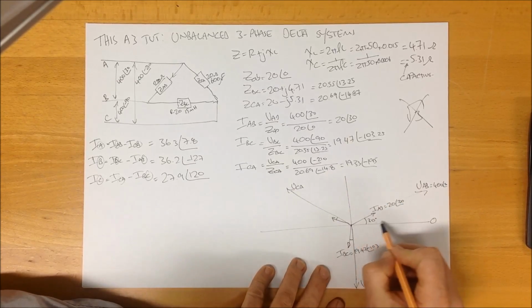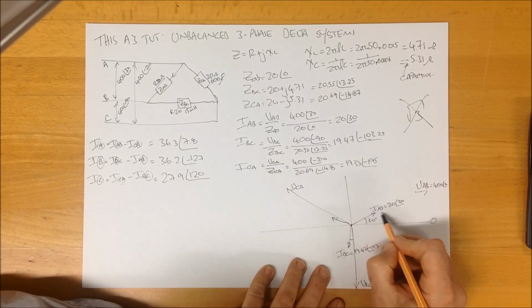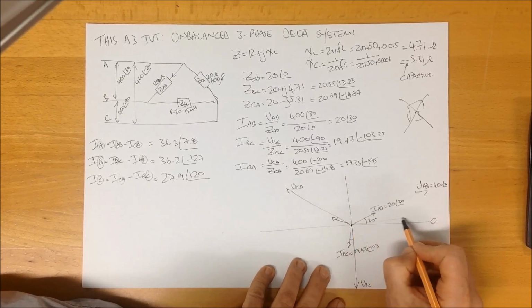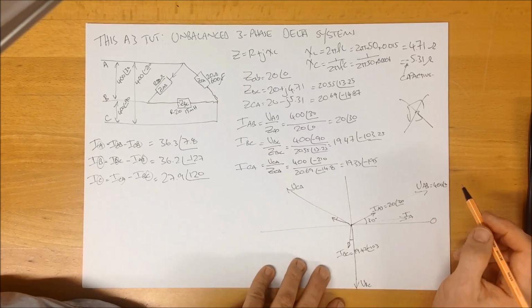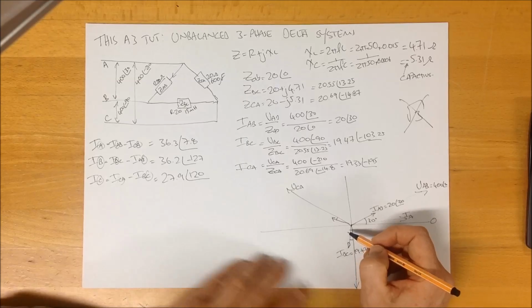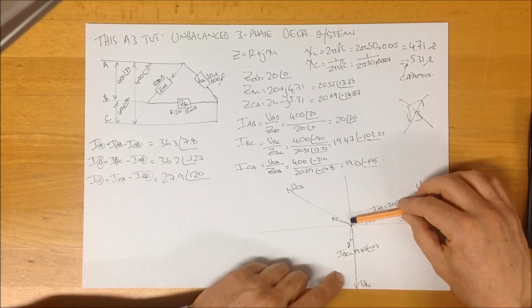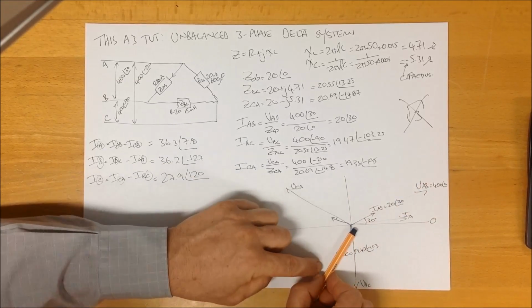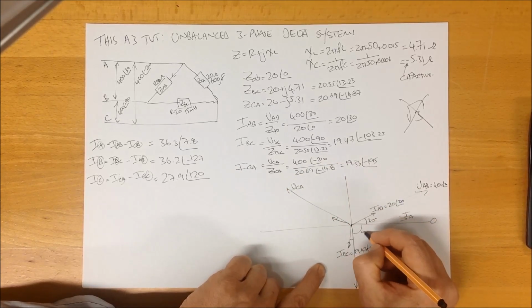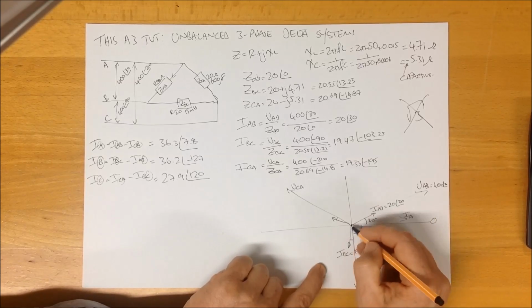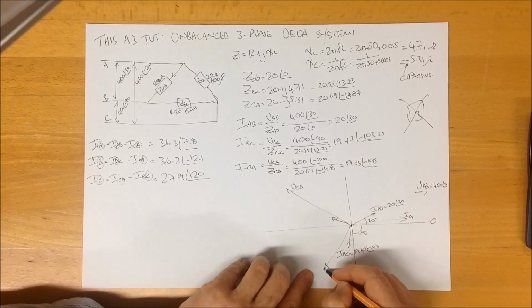36 at 7.8, well that's 20, so it's going to be roughly twice that length on this sketch, so it's going to be up here somewhere. So that's IA. IB is again 36, so roughly that same length down here, and it's at minus 127. We know that that there is minus 90, minus 127, that's roughly going to be out here.